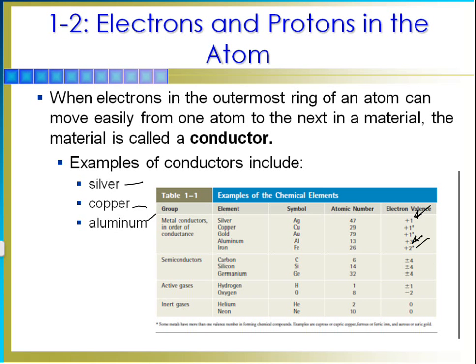Iron, once again, not the best conductor, not something you would want to use in a low loss environment, but it will still conduct electricity nicely. Semiconductors, 4. And of course, because insulators are made up of more than one element, there's no insulator on this table.